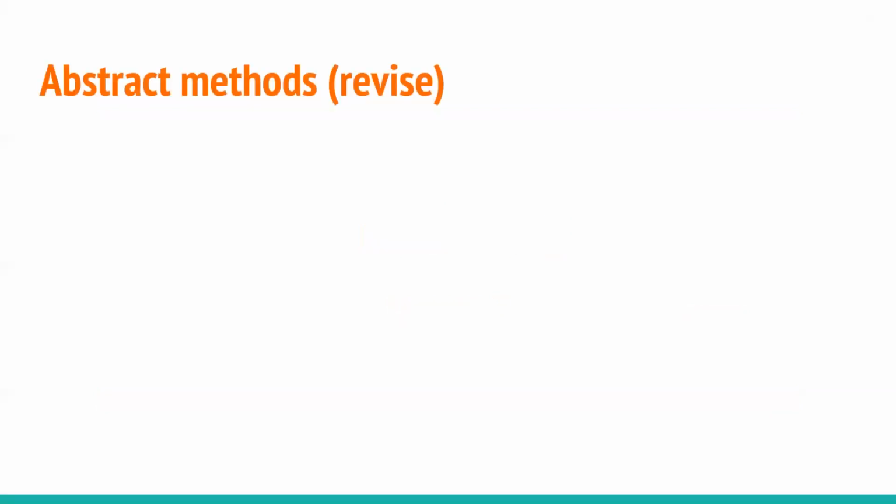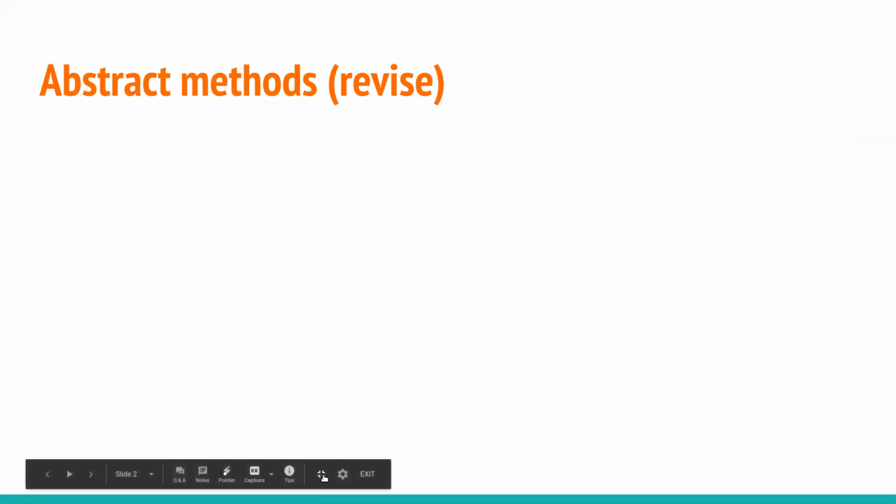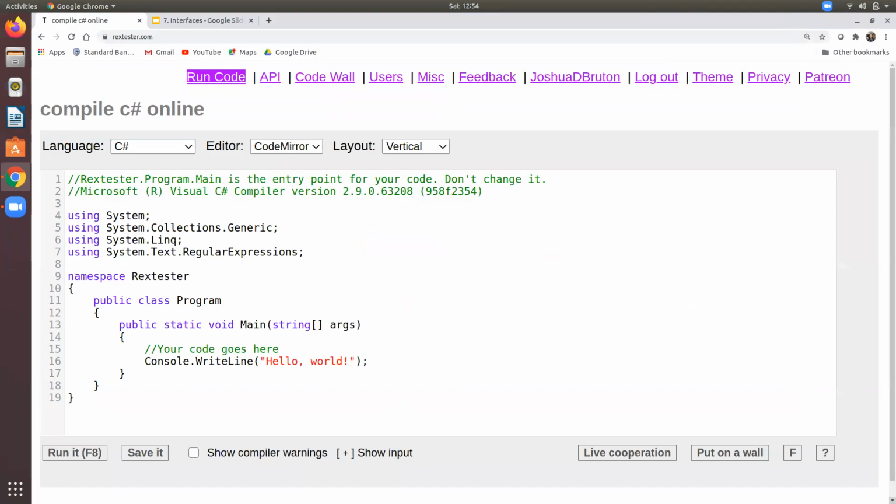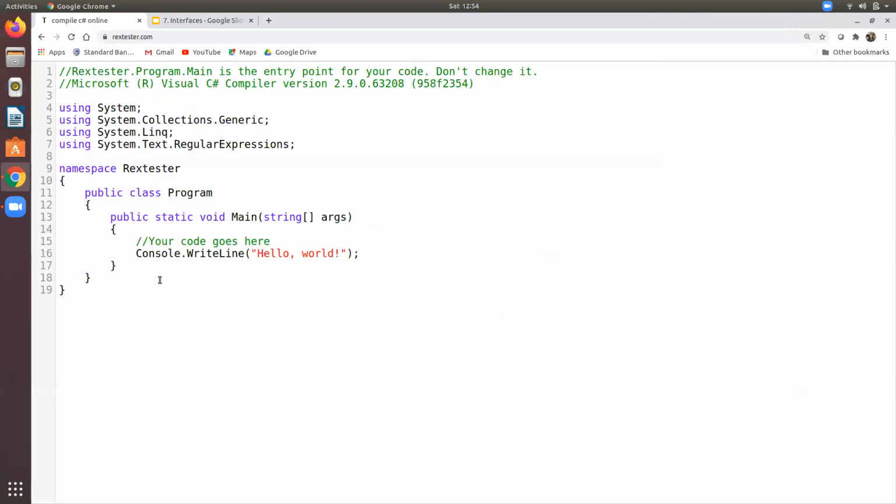Okay, before we start with that, I do just want to remind you guys about abstract methods. Hopefully the quiz refreshed your memory a little bit, but I'm going to show you to remind you what abstract means. One easy way to remember it is just what the word abstract means in English.